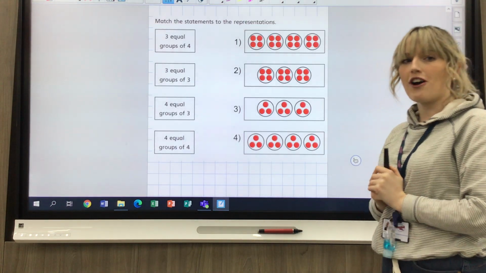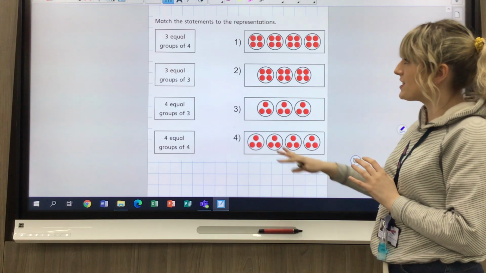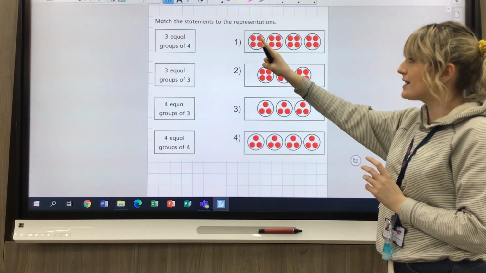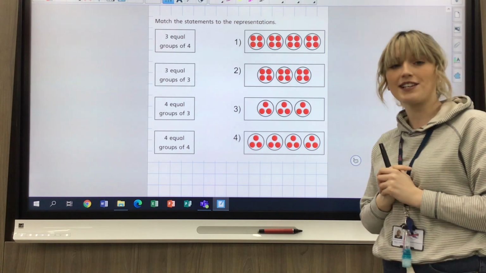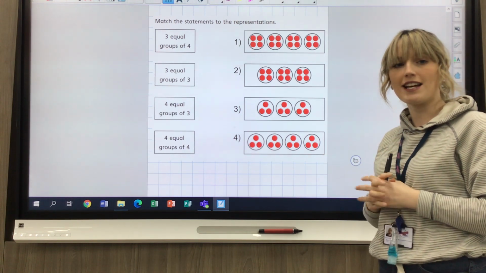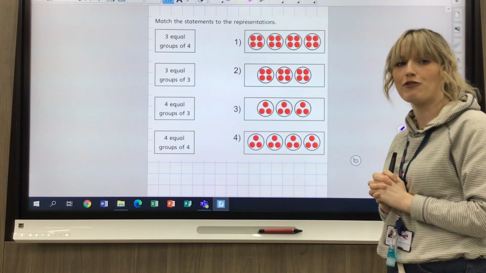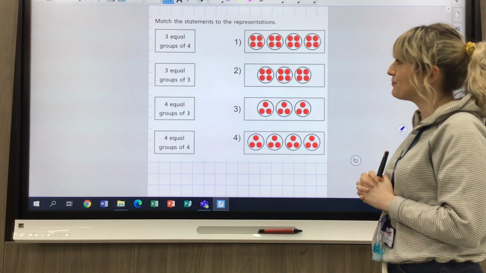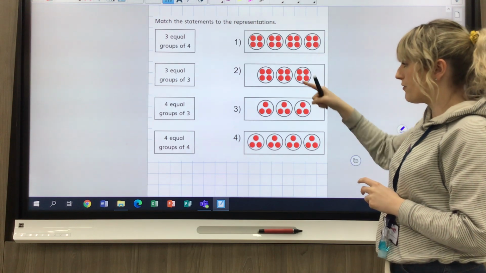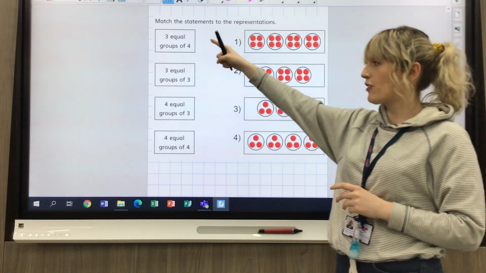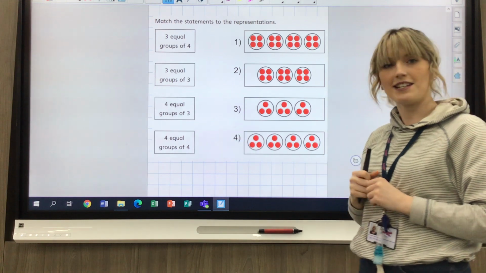Right then, I've got some pictures here, so some counters, and it says match the statements to the representations, and then we're going to create a division number sentence for each one. So we've got some equal groups here. We've got 4 different pictures and we've got 4 different sentences.